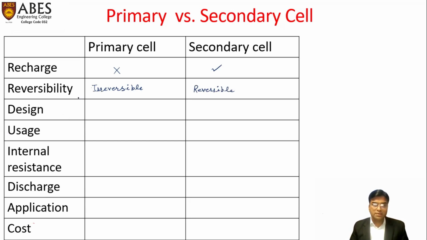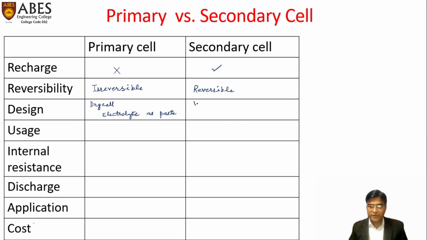In terms of design, the primary cells don't have any fluid. That's why these are called dry cells. Here the electrolyte is in the form of paste. Secondary cells have the electrolyte as fluid or the molten salt.